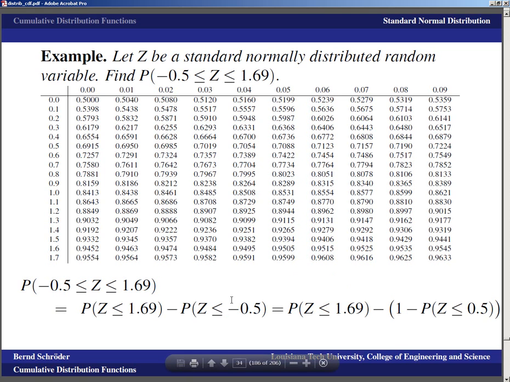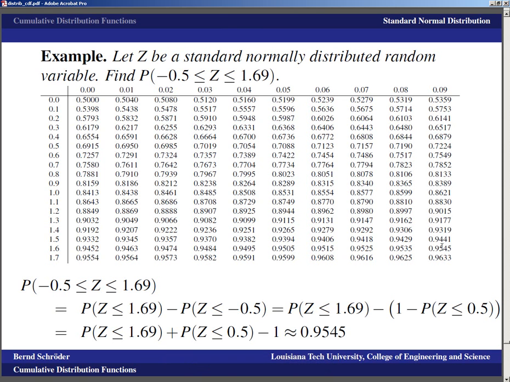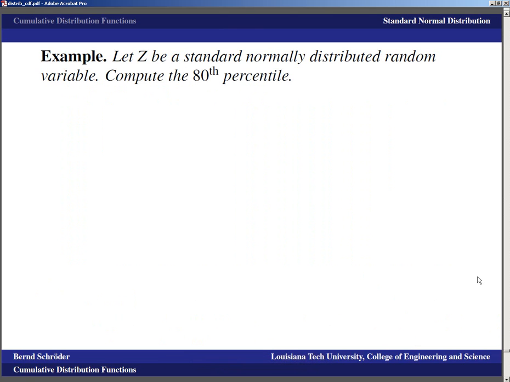You flip it over, probability of z greater than 0.5, and then 1 minus the probability of z smaller than 0.5, and now those numbers, after some cleaning up of negative signs, we can compute. Well, I didn't even bother to write down the numbers here. Let's see, 1.69 would give us 0.9545, right? I did. And then the probability of z smaller than 0.5 gives us 0.6915. And we have minus 1. And you do the algebra, you end up with 0.6460.